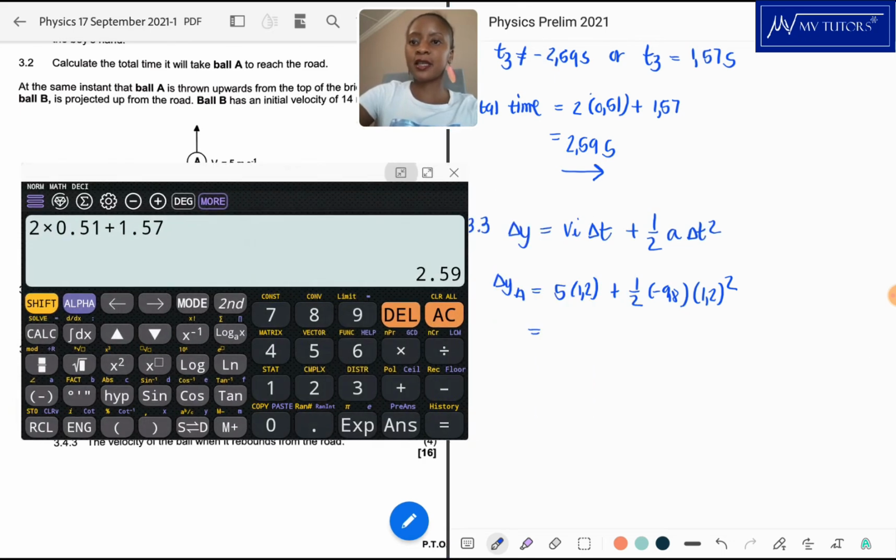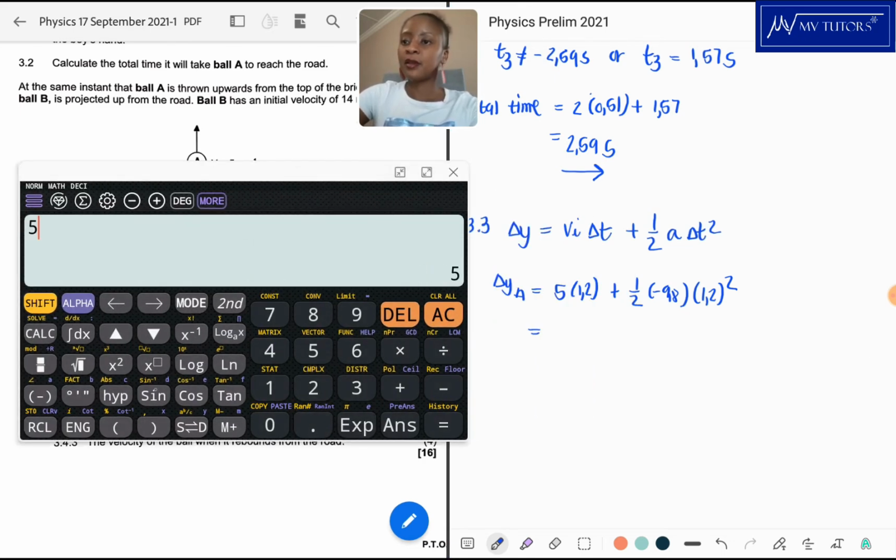Let's just take out our calculator. Okay, plus a half, negative 9,8 times 1,2 squared. So we have a value of negative 1,056.